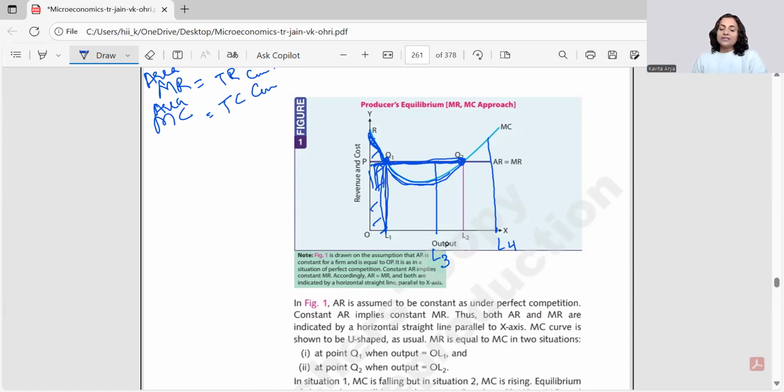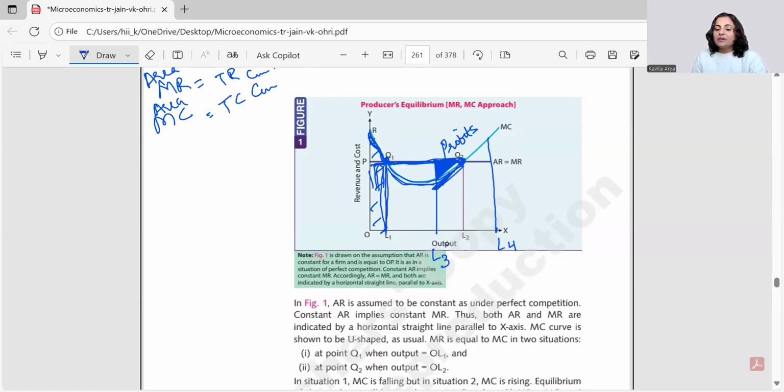But the question is, what if he stops at L3? So what does this zone represent? This dark zone represents the level of profits which he would be getting if he continues till L2. Because if you see this diagram, this whole area is the revenue and the area under this is the cost.